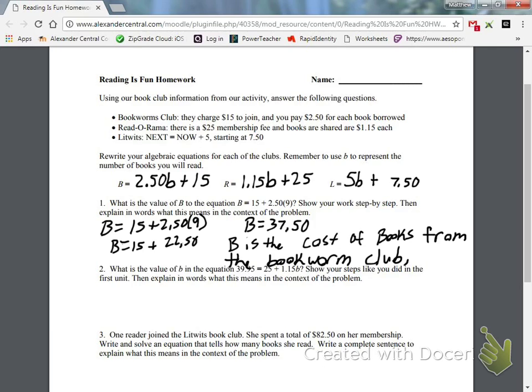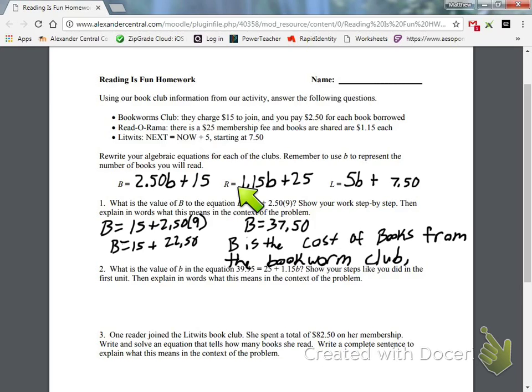Does that make a little more sense? That's what it's asking, what does it mean in context to the problem? So there, the answer is going to be the cost of checking out books. That's what it means. And guys, I'll tell you, your EOC, more than anything, it asks you to interpret answers. What does this mean? It asks you that a lot. What does it mean? What does it mean? Well, up here, we're finding our answer. It means the cost of checking out books from the Bookworms Club.